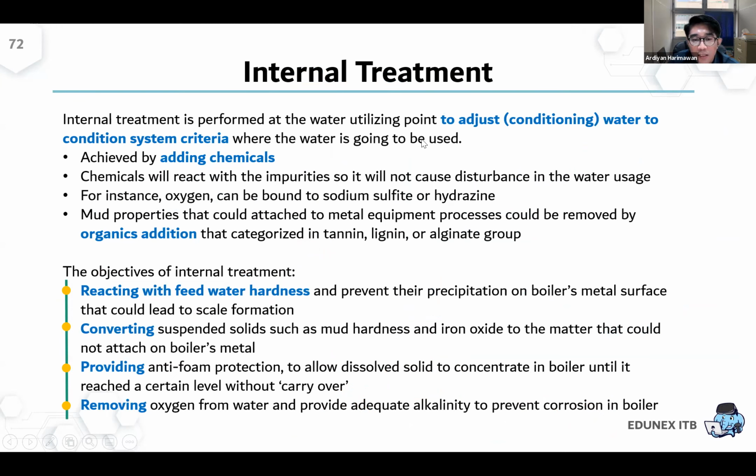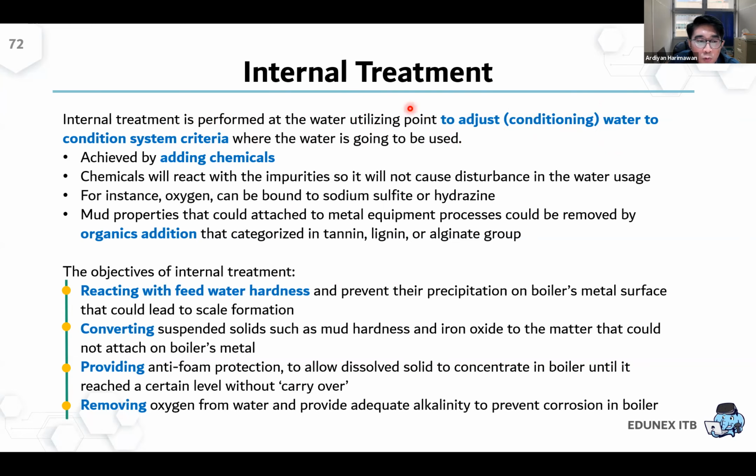Jadi internal treatment itu pengolahan yang lebih spesifik lagi, tergantung kebutuhannya nanti seperti apa. Internal treatment is performed on the water depending on the system criteria. We will adjust, that's why we call it water conditioning.